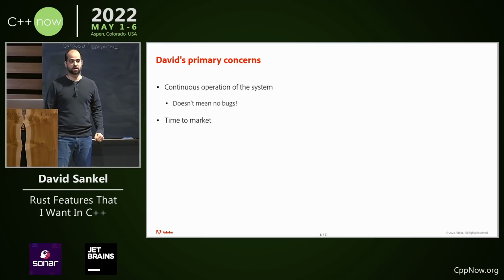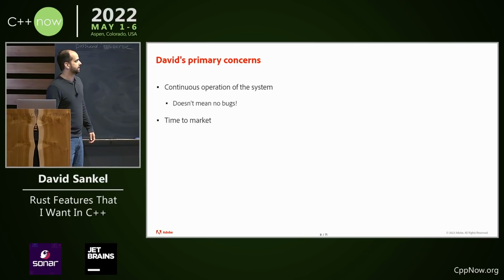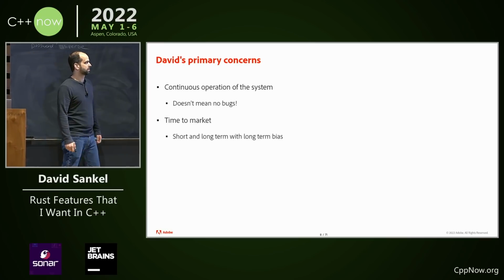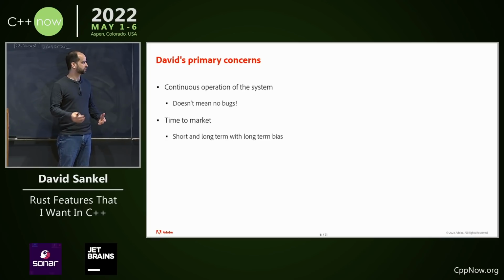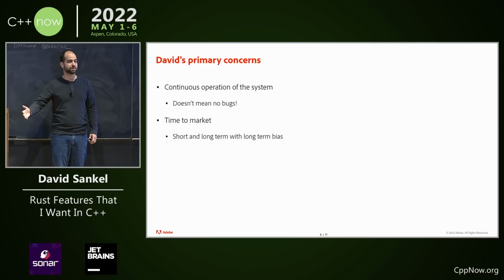And I also care about time to market. When I talk about time to market, there are two different aspects of it. One is short-term and one is long-term. Short-term time to market is like, hey, I need to add a feature and hopefully I can get this rolled out within a month or whatever the time scale is. But I also care a lot about long-term time to market, because I want to make sure that 10 years from now, when somebody else takes over the system, it can be just as agile as it was when I had it.